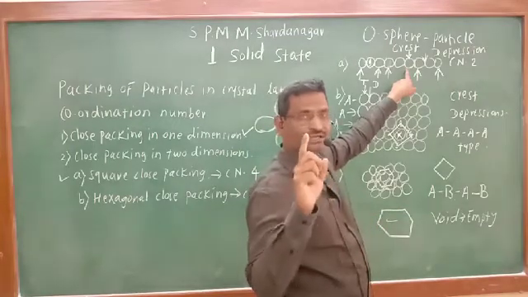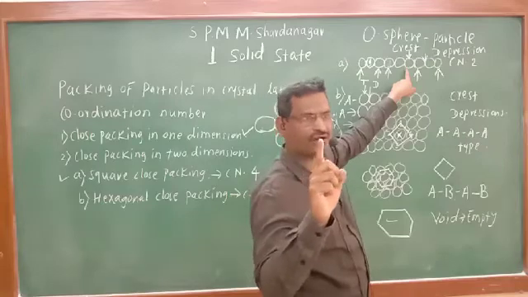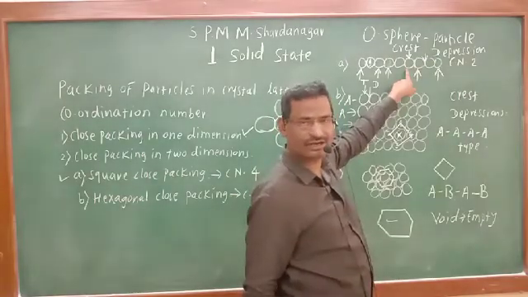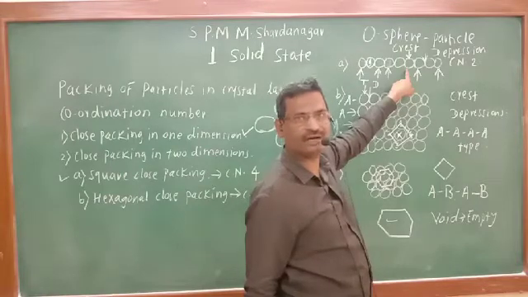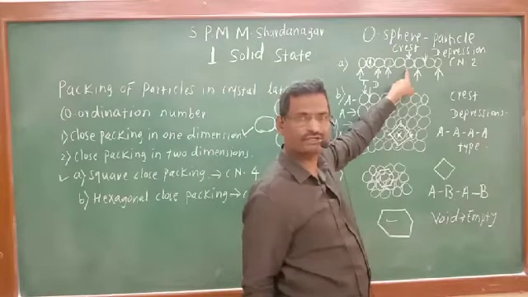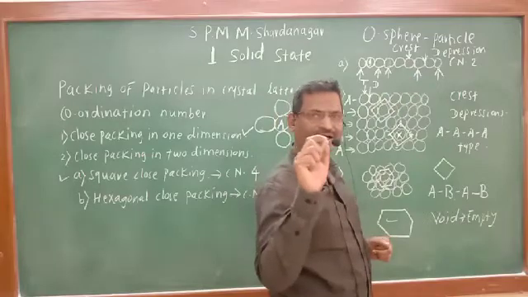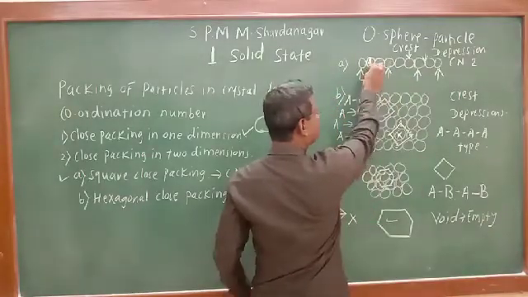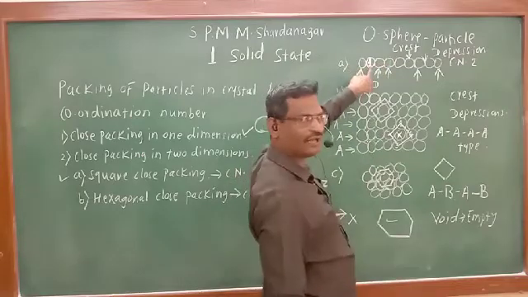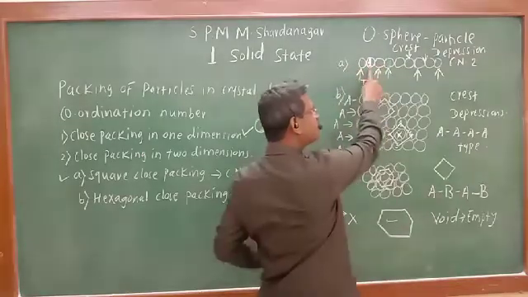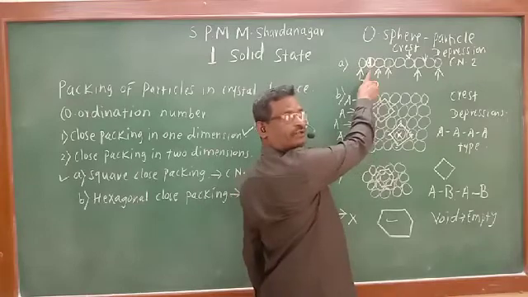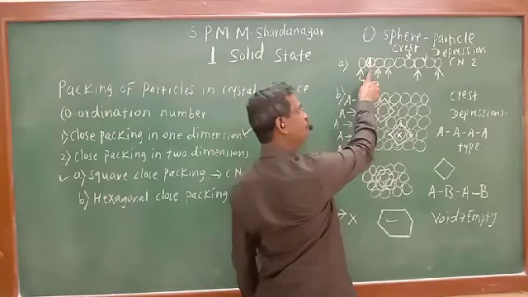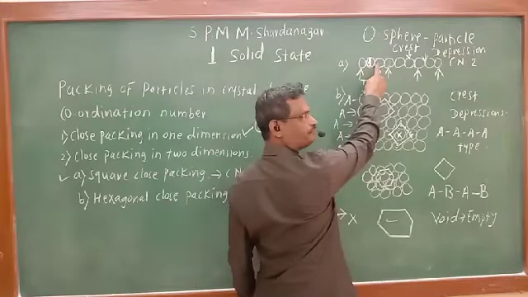Now see here what happens to the coordination number. Coordination number is nothing but the number of neighboring spheres with which the given sphere is attached. Suppose this is the sphere I am considering, written as 1. This sphere is in contact with how many other spheres? Other particles, 1 and 2.